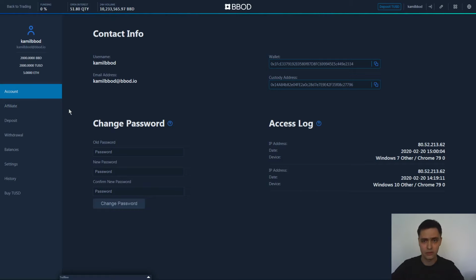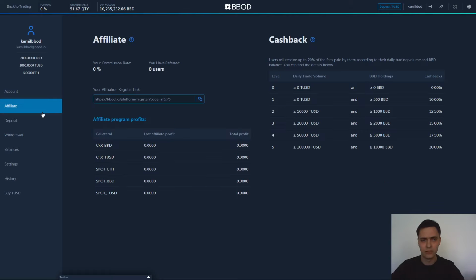So information about your account, your access logs, so you know no one is logging into your account without your knowledge, your affiliate links, and all the cashback structure, because if you're a holder of BBD and doing enough volume on the platform, you can get cashback from fees, mainly only on the true dollar markets, because we do not charge any fee, as I said before, on BBD markets.